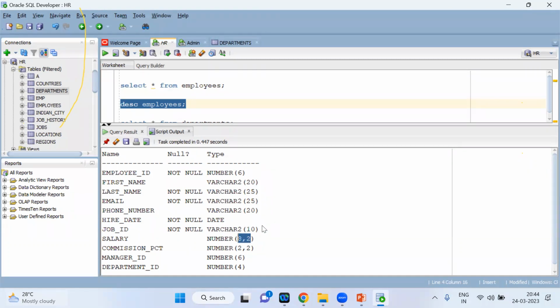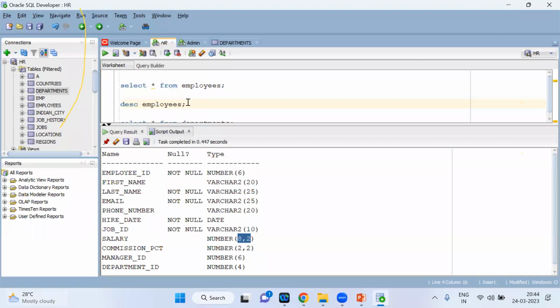Can anyone tell me what this is? Decimals, I think. Yeah, decimal, but till what length will it support? 2.